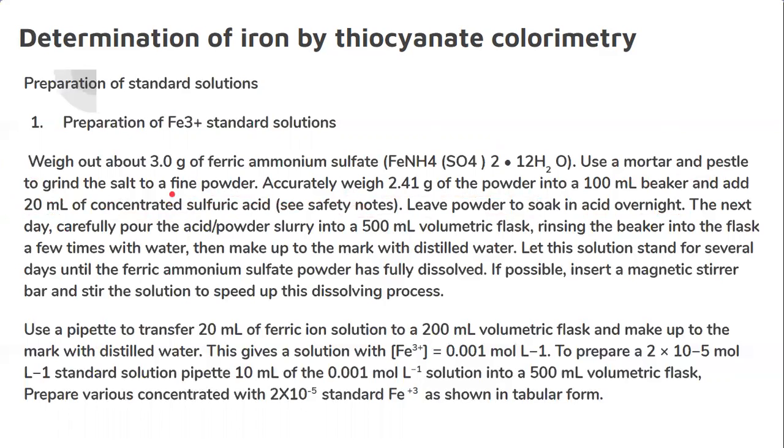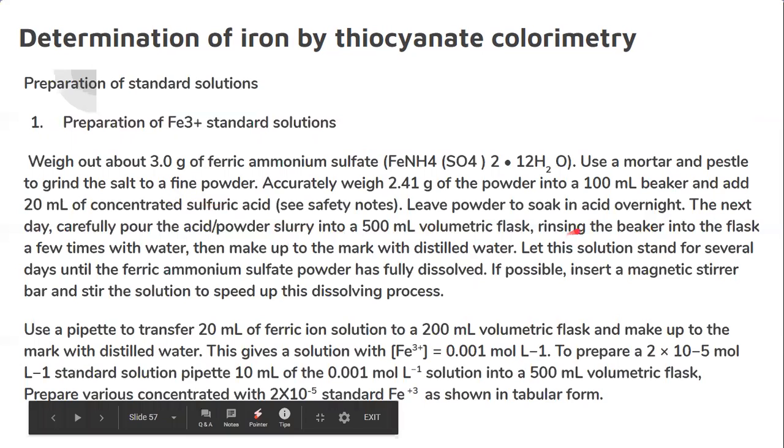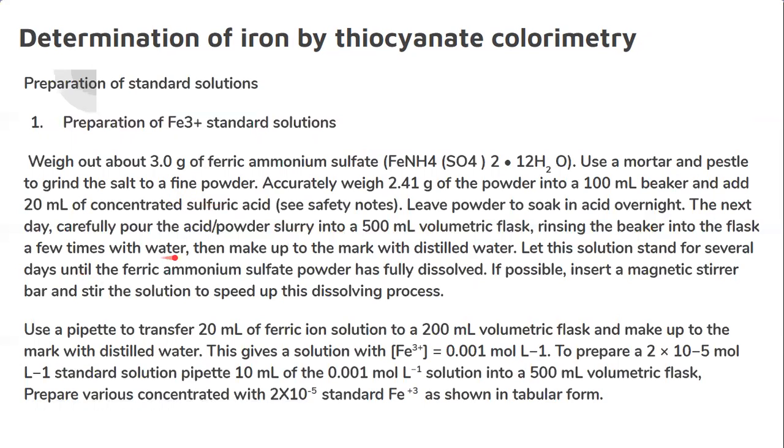After addition of the 20 ml, we keep it aside overnight, and the ferric salt soaks up the sulfuric acid. The next day, we pour the powder slurry into a 50 ml volumetric flask and rinse the beaker into the flask a few times with water.